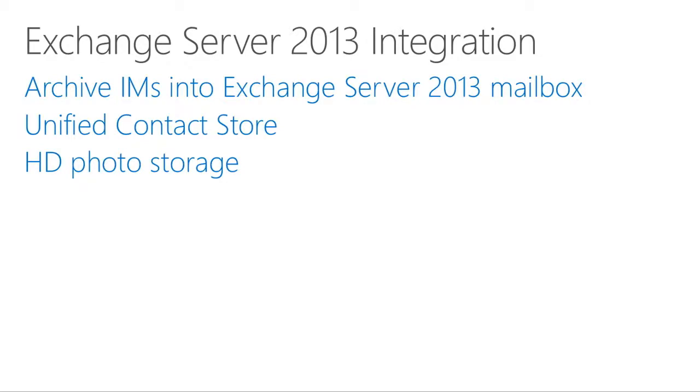There's no native reporting or discovery functionality. So by archiving your IMs into your Exchange 2013 mailbox, that allows e-discovery and compliance people to go and discover those IMs quite easily. So it's an easier avenue into that archive.